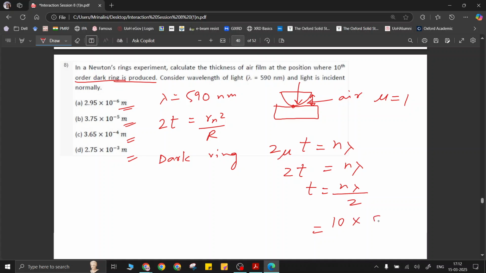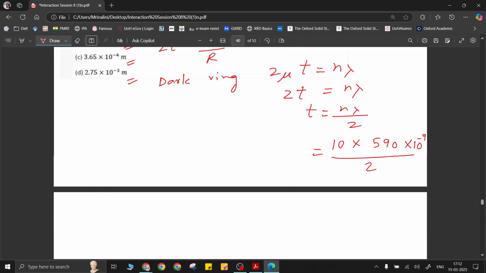Wavelength is 590. We have to find out in meters, so we'll convert this in meters, divided by 2. So this will be 5 times 590 times 10 to the power minus 9 meters. This will be 590 times 5, that is 2950. 2950 times 10 to the power minus 9 meters.